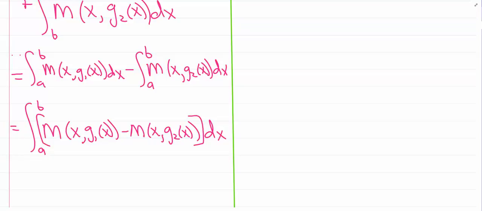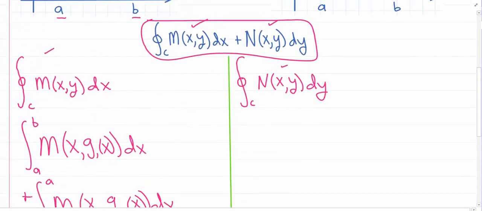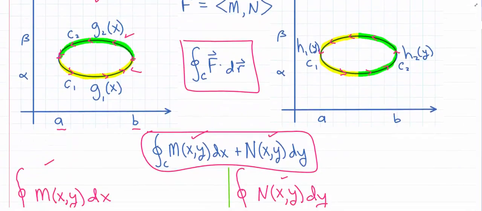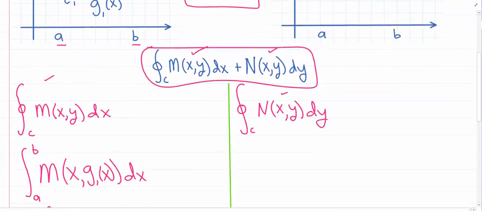Now, I think I want to do one more thing. I want to pull a negative out of here, and this is just because I want it to look a little different. I don't like the G2 being over here. I like the G2 being out front because it is the top one, right? See, here's G2 up here. So I'm just going to do another trick here.